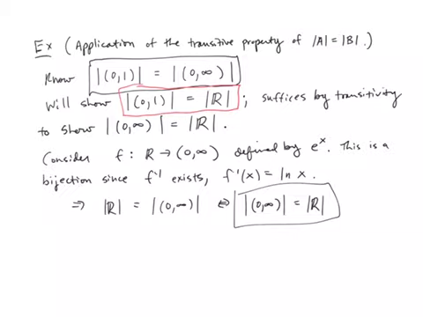And you can use linear functions to bijectively correspond 0, 1 to any interval from a to b. So the real numbers have the same cardinality as any subinterval of the real numbers that you're looking at.